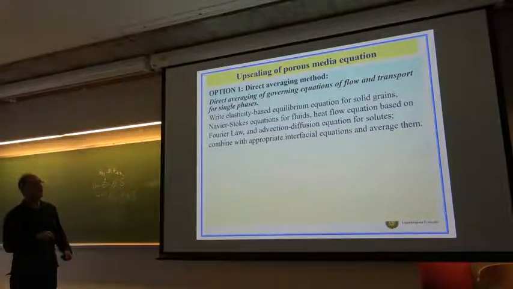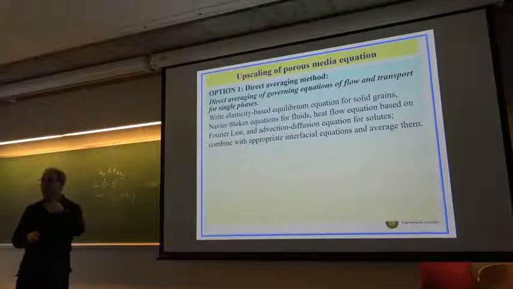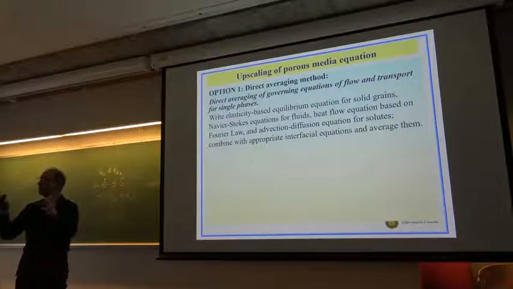There is another problem. I don't know, has anyone followed the work of Jacob Bear or Steve Whitaker for averaging? No. If you do that, when you integrate those pore-scale equations and go to larger scale, you have the second derivative of velocity, the Laplacian of velocity, you have all kinds of product terms.